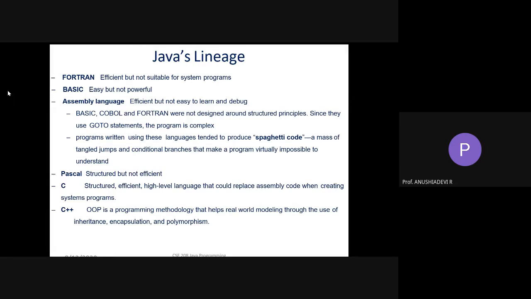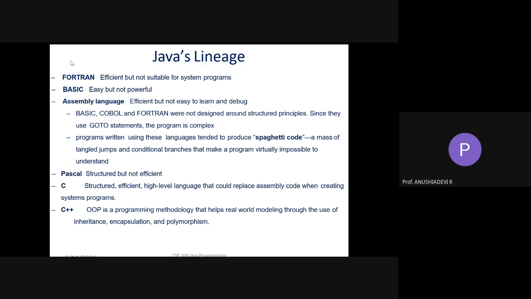The goto statement makes the program difficult to understand. For example, a program written in these languages will form spaghetti code. So what does spaghetti code mean? These programming languages all have a goto statement. If it has a goto statement, a mass of tangled jumps and conditional branches may be introduced in the program. This makes the program virtually impossible to understand.